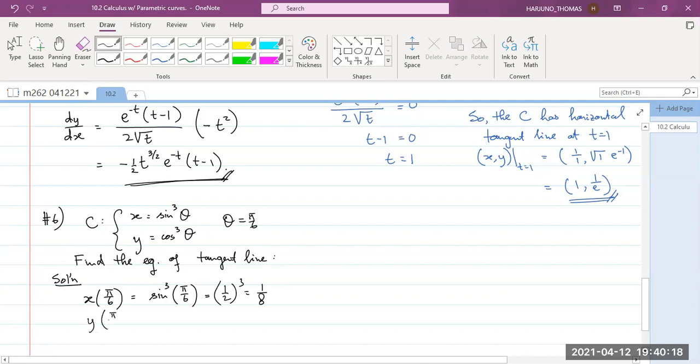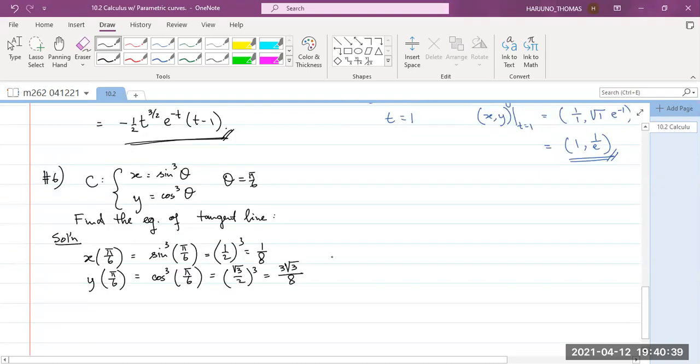Y at pi over 6 is cosine cube of pi over 6. That's radical 3 over 2 cubed. That's 3 radical 3 over 8. So the coordinate is (1/8, 3 radical 3 over 8).